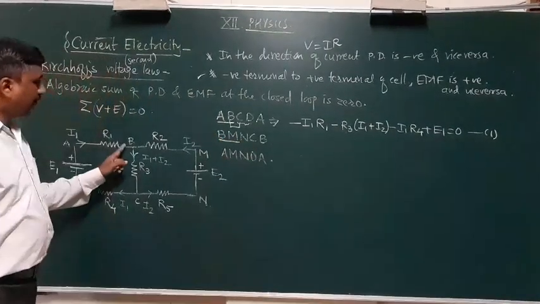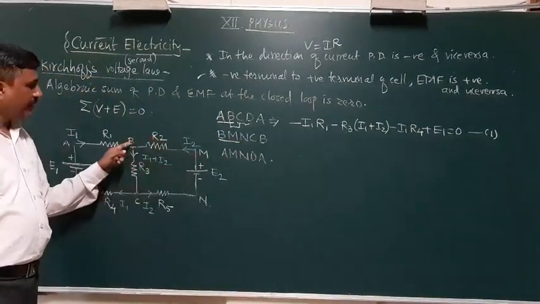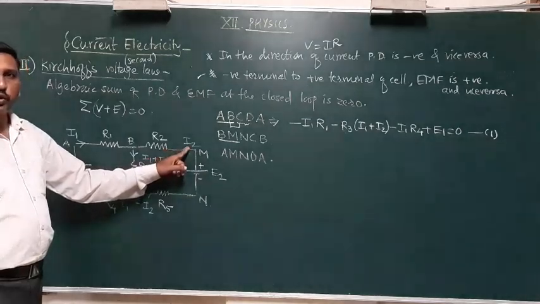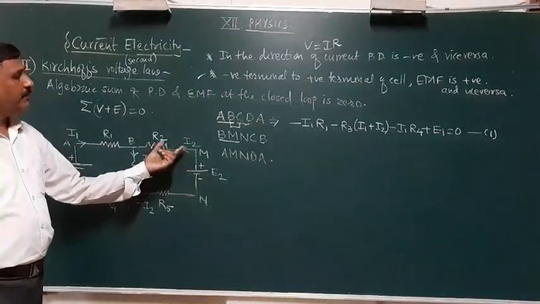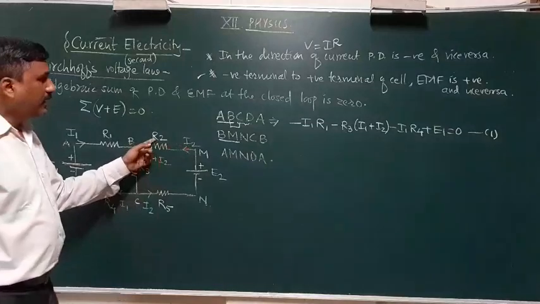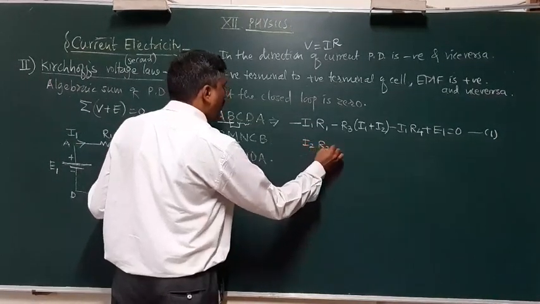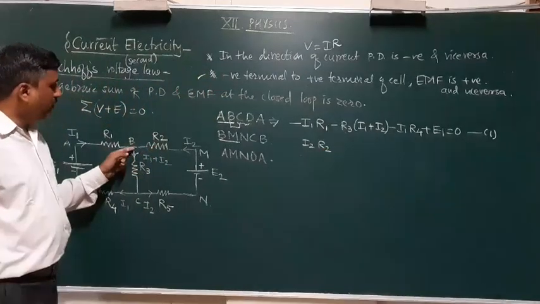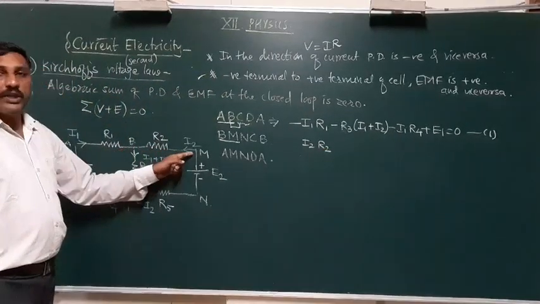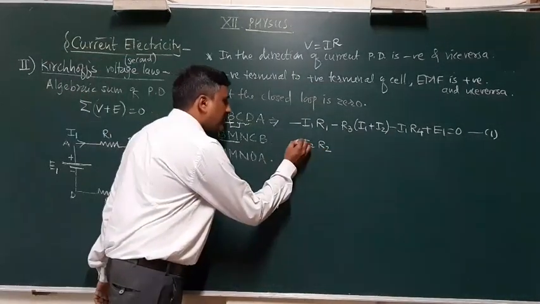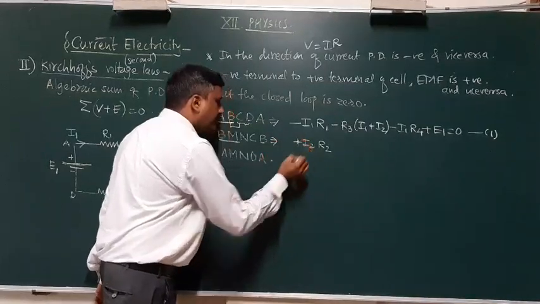B to M. Current flowing is I2. The resistance is R2. So I2 R2. Now we are tracing the loop opposite to direction of current. So potential difference is positive.